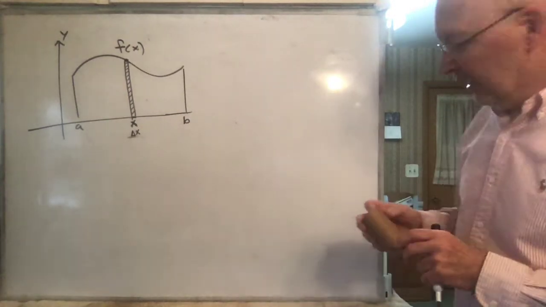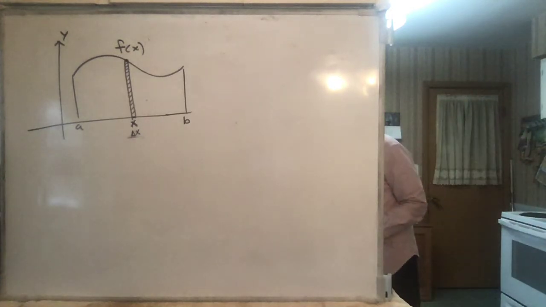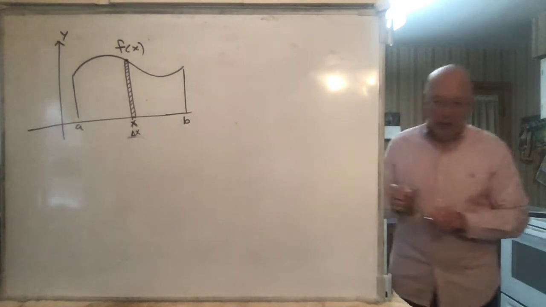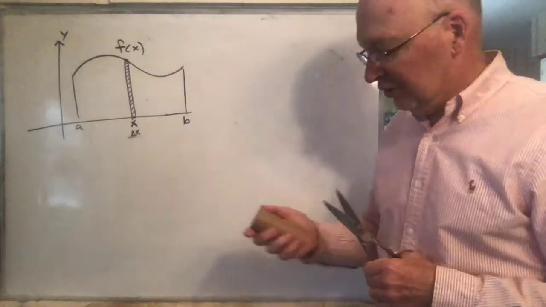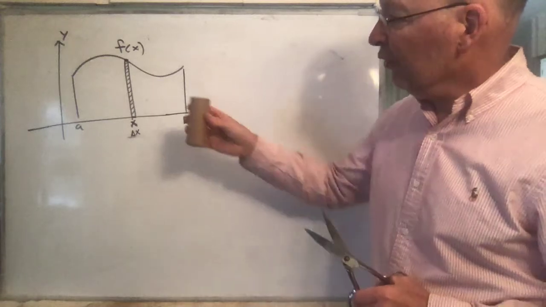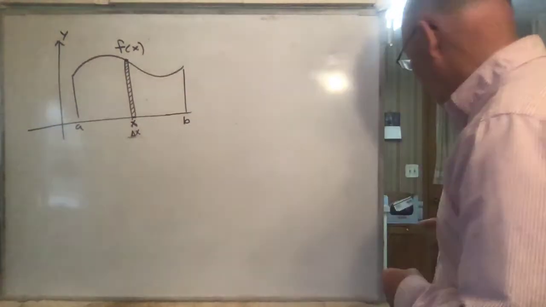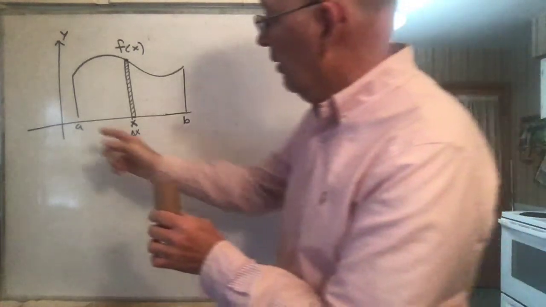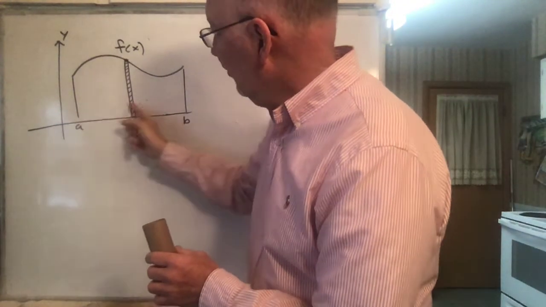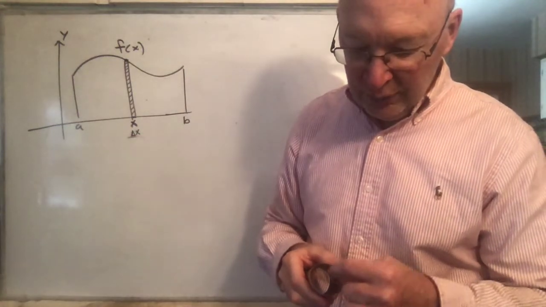Well, remember what I said, that any volume is going to need three different dimensions. So what you can do is you can take this thing, first of all, this distance right there would correspond to this distance right here, right?